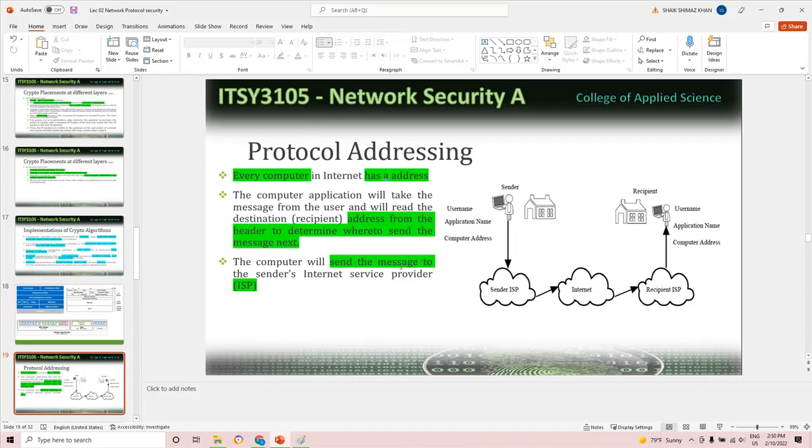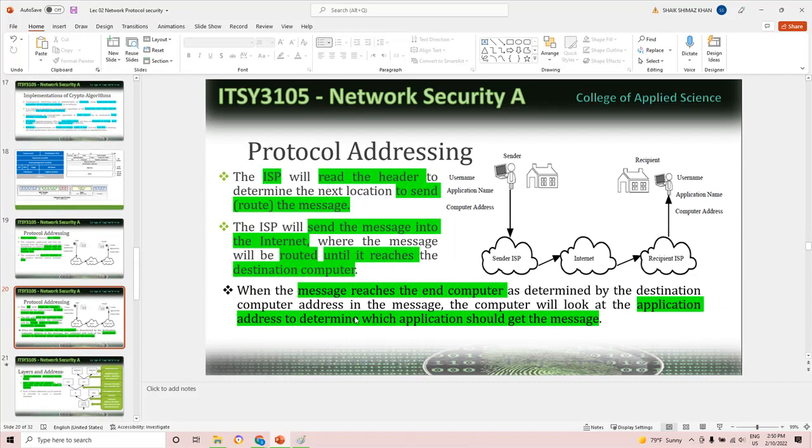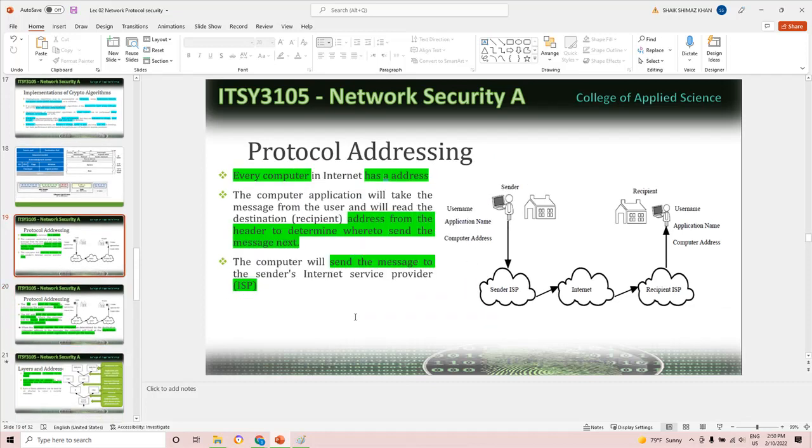Based on the address, the source internet service provider forwards through the optimum, best path to the recipient ISP, and the recipient ISP sends it to the recipient. So what you understand from this slide is that the address is important.